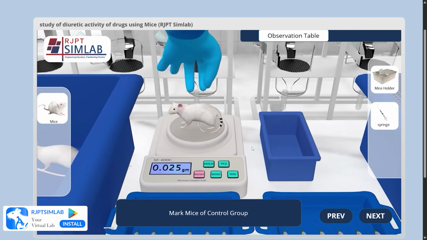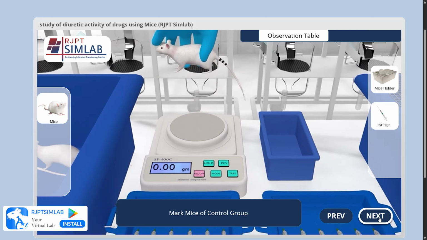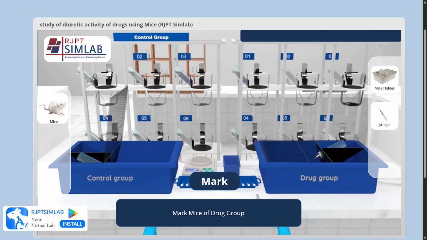We will mark each and every mice, and after marking the control group, as we can see, we have separated the control group and the drug group. These are the cages of both the groups. This is the weighing machine that we are using, and behind we can see a cage like structure.